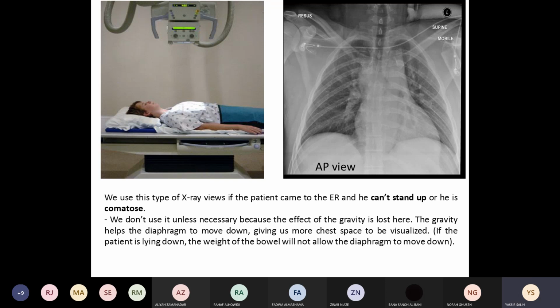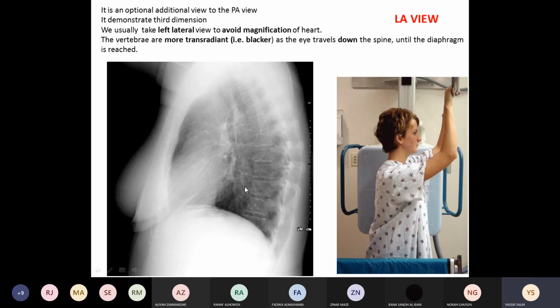In erect position, gravity pushes the diaphragm down, but on the supine film the diaphragm is also raised because we cancel the effect of gravity, which plays a very important role in erect position. So this chest X-ray should be done in PA.